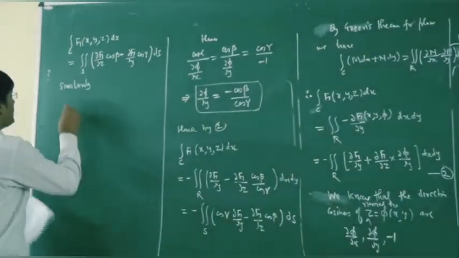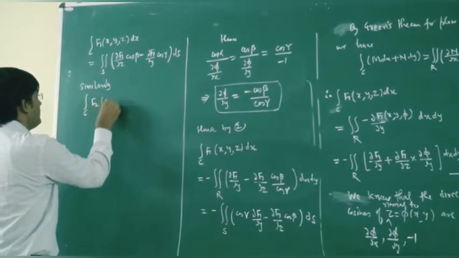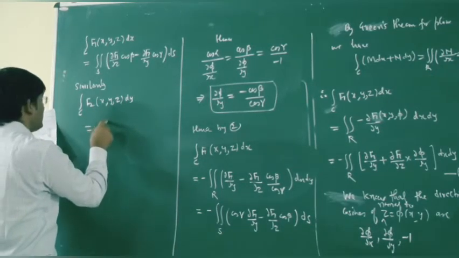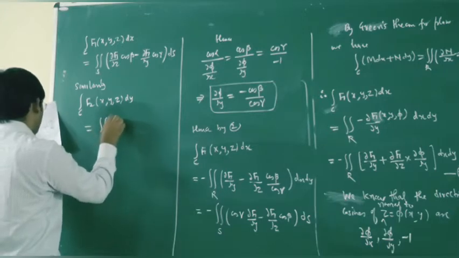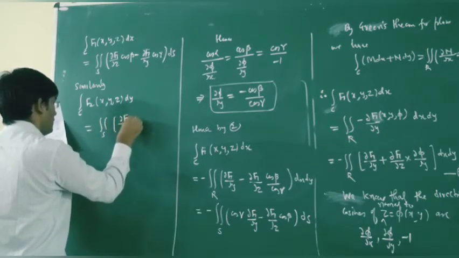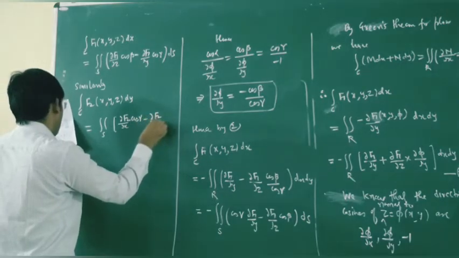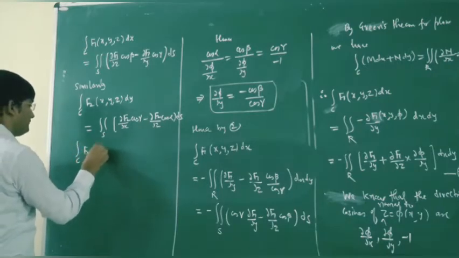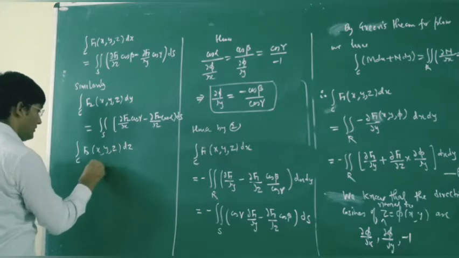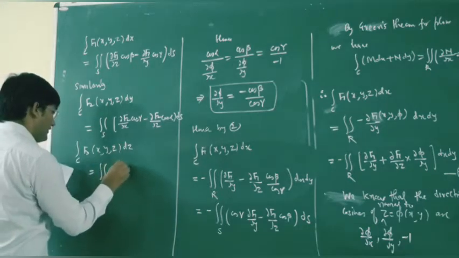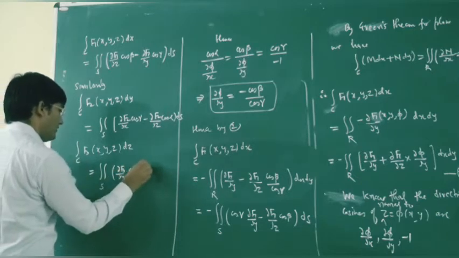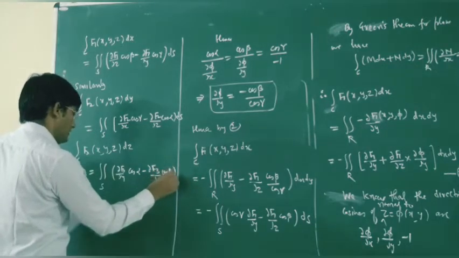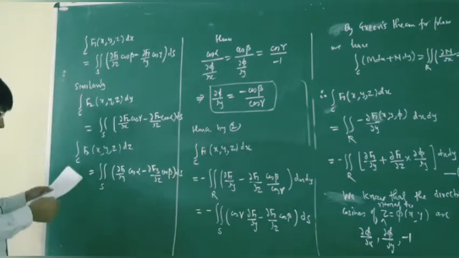So similarly, your integral over C of f2(x,y,z) dy will be equal to, I am not going into the proof, I am writing it directly, del f2 upon del x cos gamma minus del f2 upon del z cos alpha into ds, and your third integral will be equal to the double integral of del f3 upon del y cos alpha minus del f3 upon del x cos beta into ds.